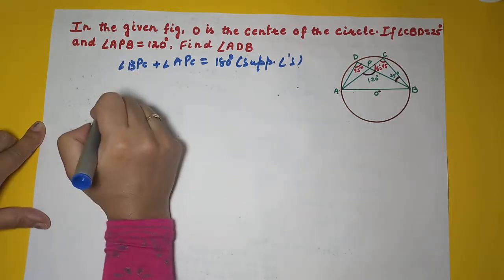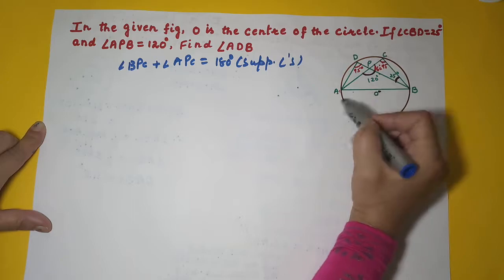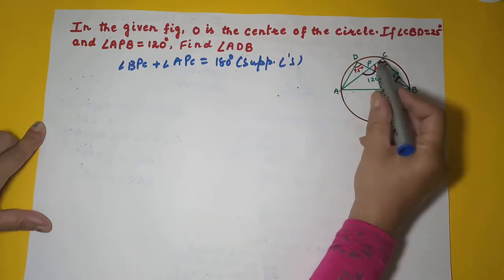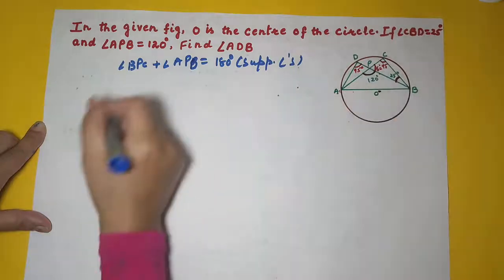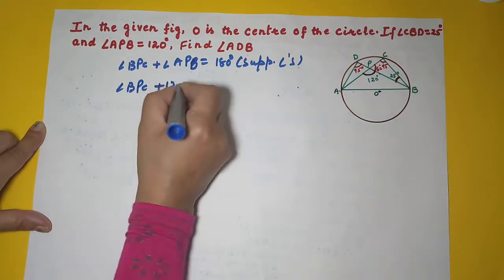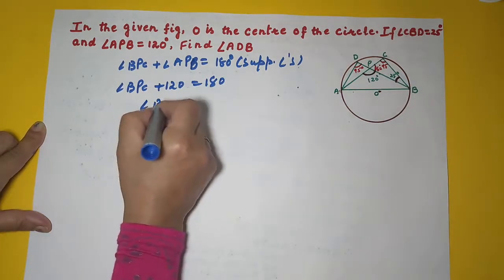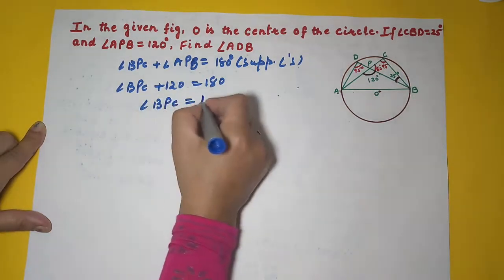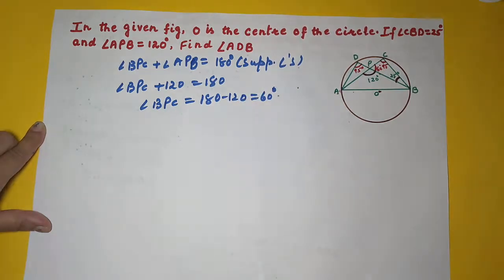So BPC you have to calculate, and APB is given as 120. So angle BPC plus 120 equals 180. So your angle BPC is equal to 180 minus 120, which is 60 degrees, right?